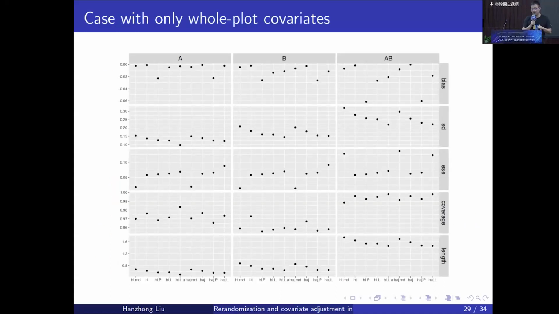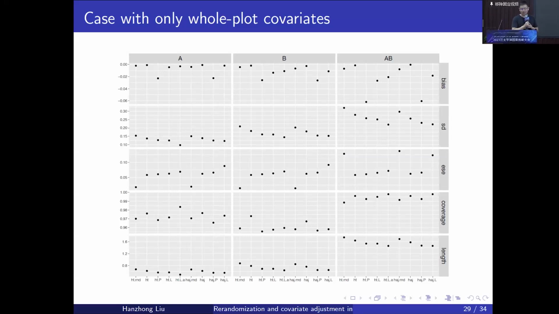This figure shows the results when only whole plot covariates are used, and the method with R&D is the estimator obtained under classic split plot randomization, and all other methods are obtained under re-randomization.